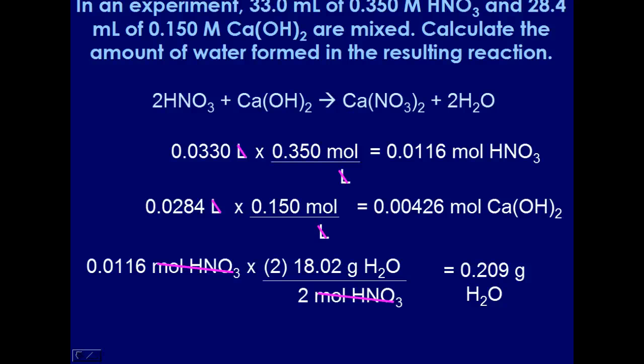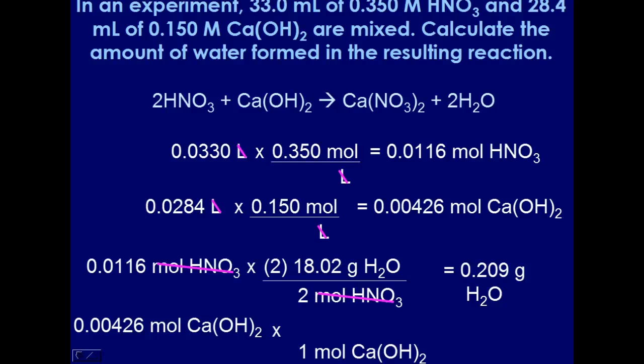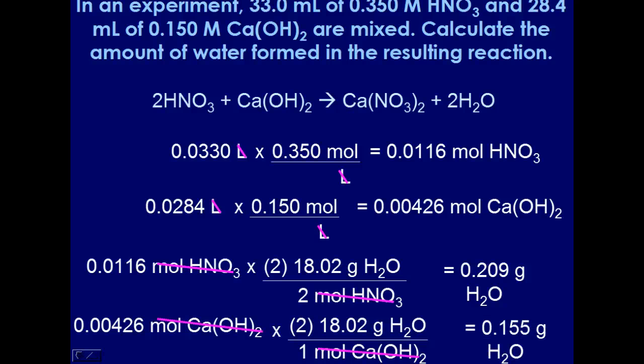So in theory, the amount of water made from the calcium hydroxide should be smaller. We're starting with 0.00426 moles of calcium hydroxide. Calcium hydroxide's coefficient is 1, so for every 1 mole of calcium hydroxide that is used, I would make 2 moles of water, and that would give me 0.155 grams of water.